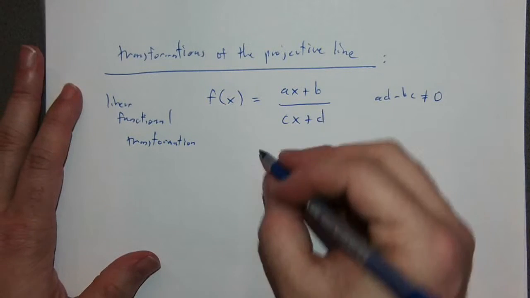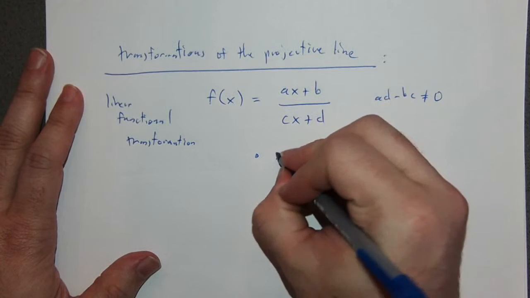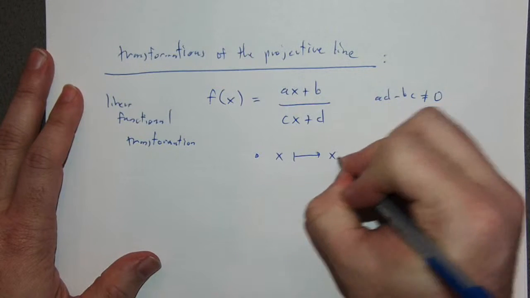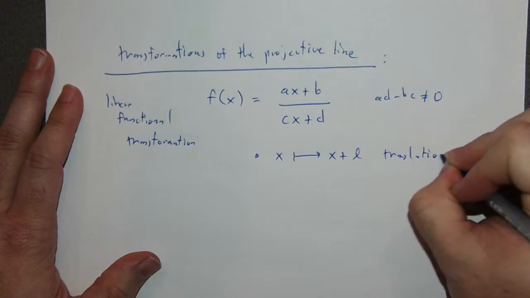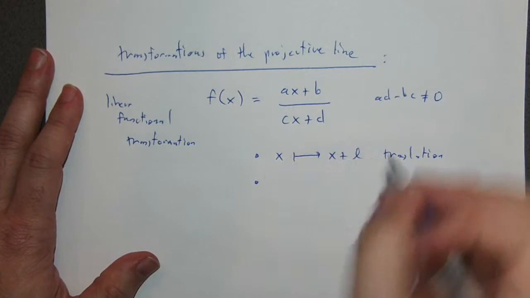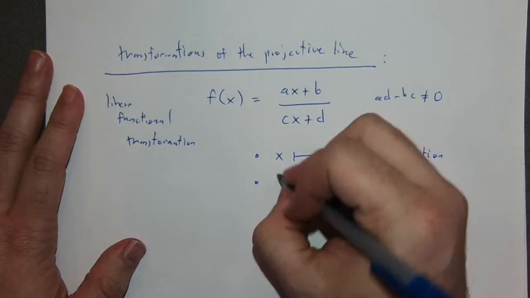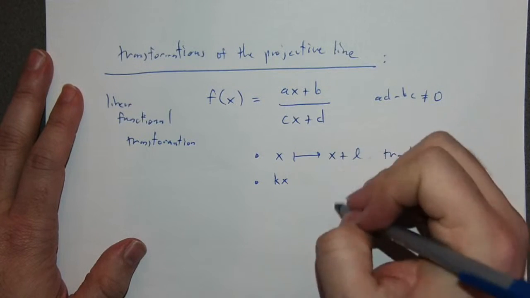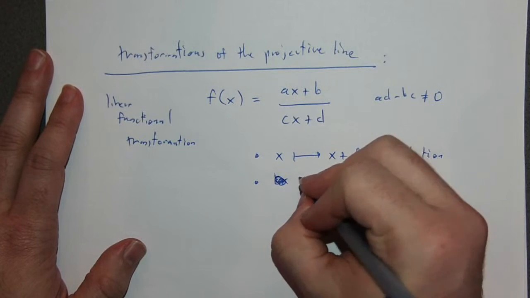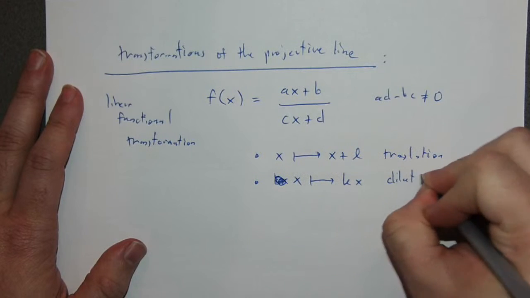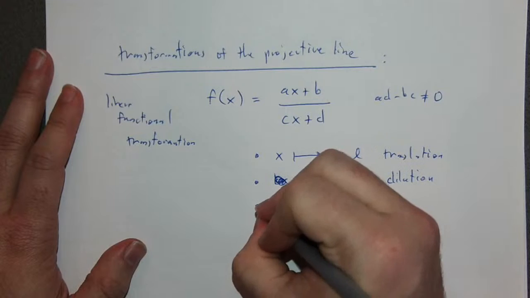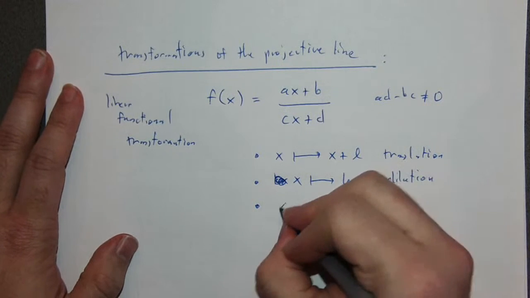So remember there were these three types. There was translation, and that was included by this. There was dilation, or scaling. And then there was inversion.